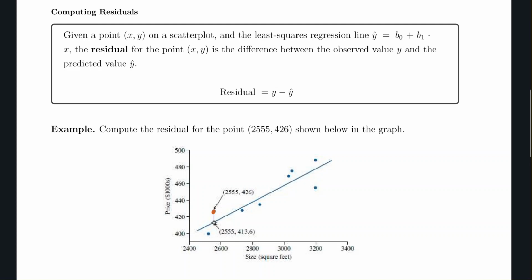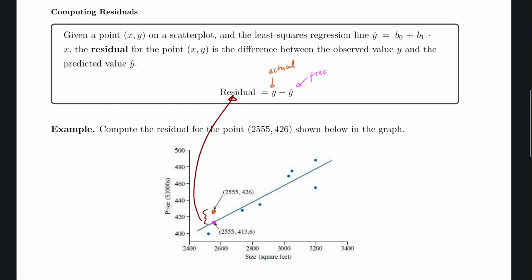But notice, based on the least squares regression line, this was the predicted value. This entire difference, this y distance, is what the residual is. And the residual can always be calculated if you take the actual value and subtract the predicted.